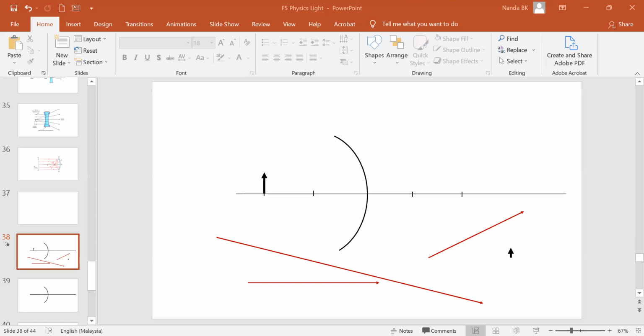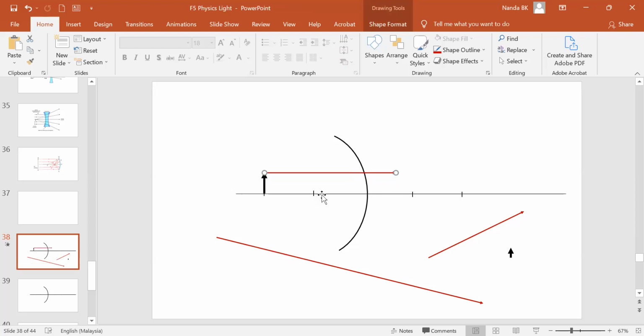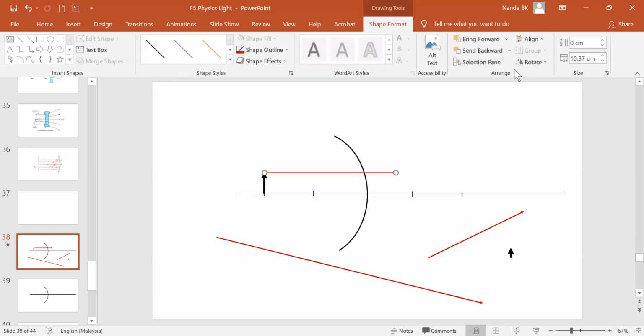So let's check. Now the light must always pass through here. Always parallel. When the light is parallel, it will touch at this point.